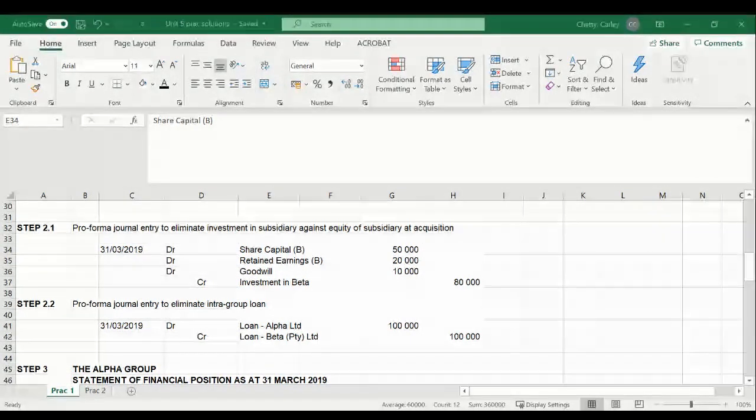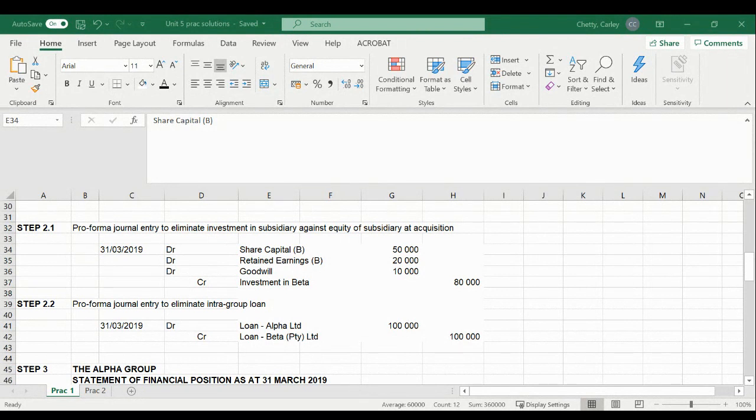So when we look at it from a group perspective, Alpha and Beta together, we're seeing it kind of as one big company. So we cannot owe ourselves money. So when we do the consolidated financial statements, we need to eliminate the loan that is owing to Alpha from Beta.